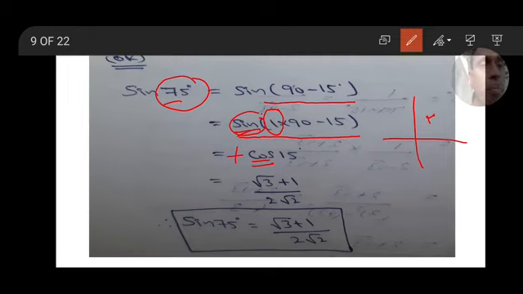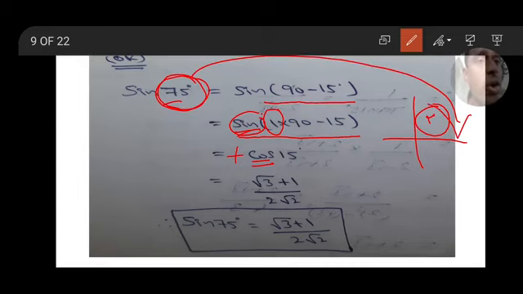So what is the cos 15 degree value? That is root 3 plus 1 by 2 root 2. So sin 75 equals root 3 plus 1 by 2 root 2. This is another way to find the sin 75 degree value.